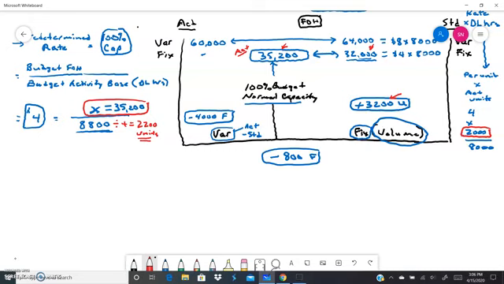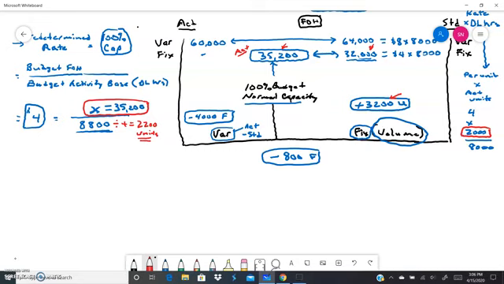So we produced less than what we anticipated. Therefore, the $35,200 would be spread over fewer units, and those 2,000 units we actually produced are going to be more expensive. If we had actually produced 2,200 units, each would take 4 hours, we'd allocate $4 per direct labor hour, and we would have allocated $35,200.